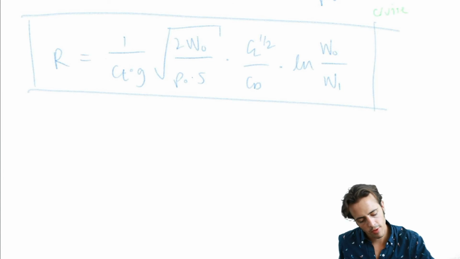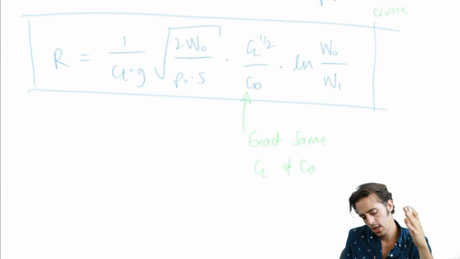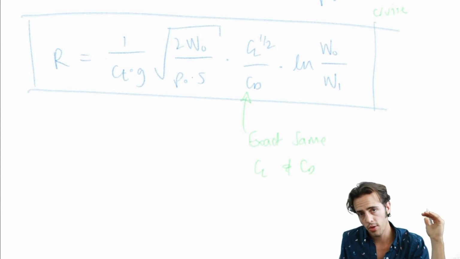Okay, so again, we've got the exact same CL and CD that we flew the constant altitude cruise.